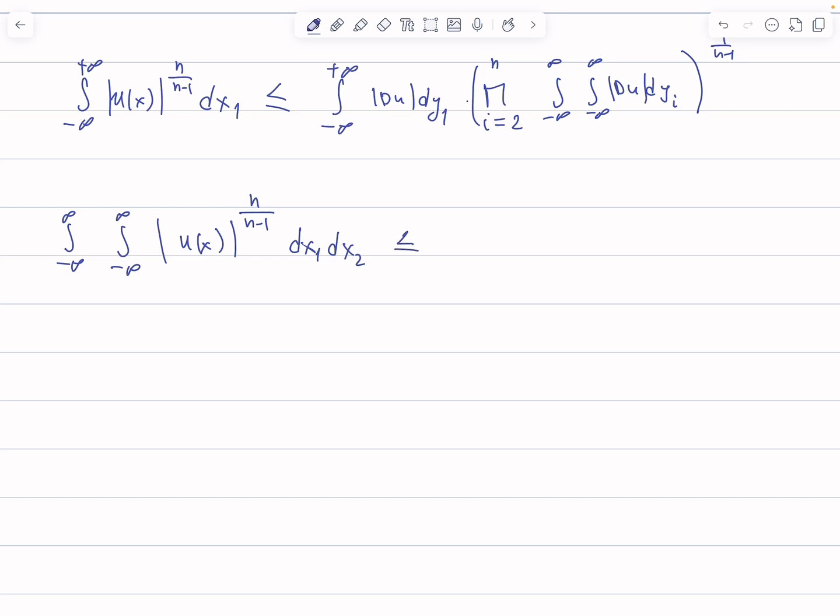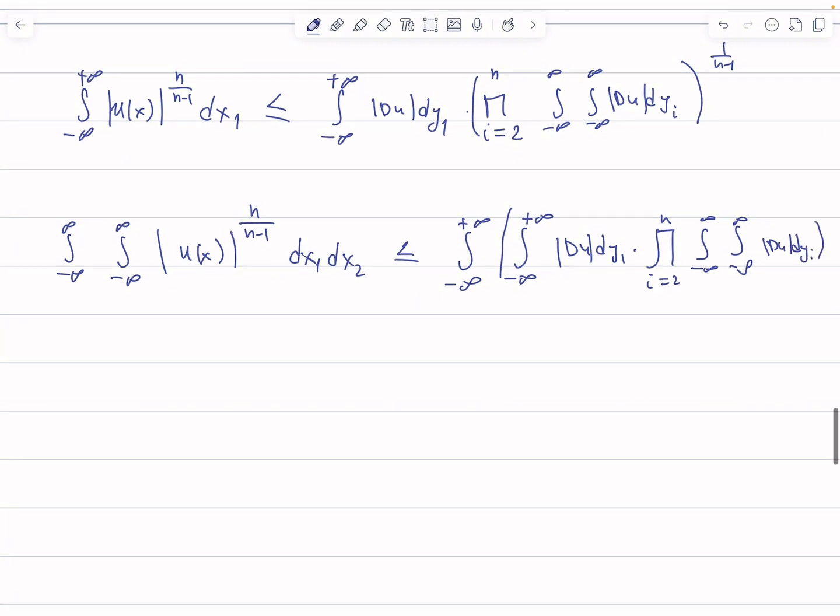This will be less or equal than the integral of du dy1 times the product for i from 2 to n of du dyi to the power 1 over n minus 1, times dx2.